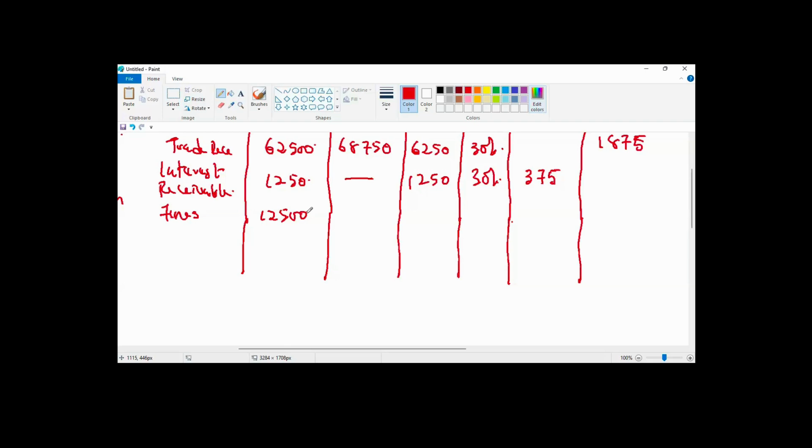Don't forget the measurement principle: if an item in the financial statements has no tax consequence or is not deductible for tax purposes, the carrying amount will be equal to the tax base. What will the tax base be for fines? 12,500, because it is not tax deductible.